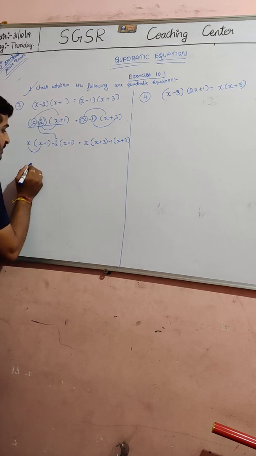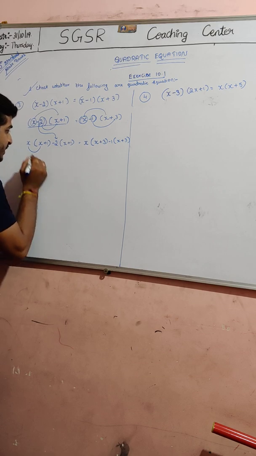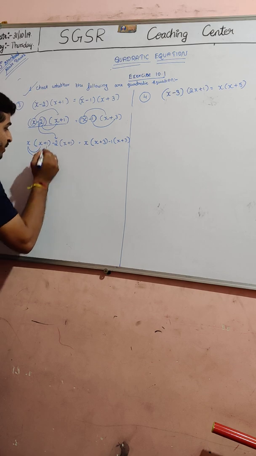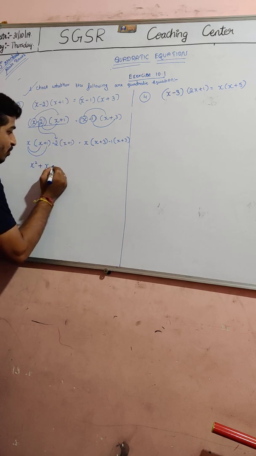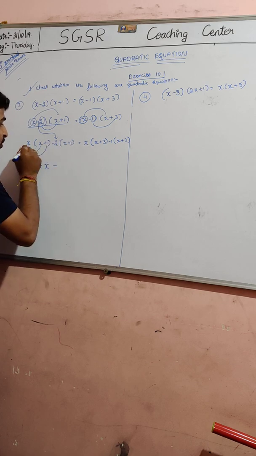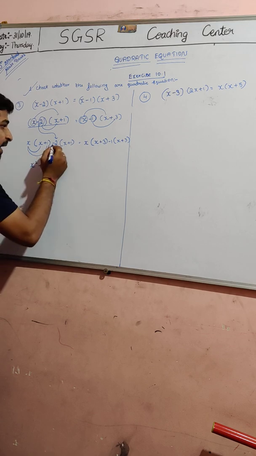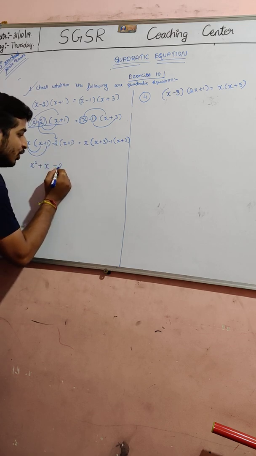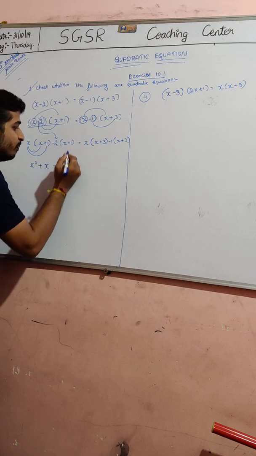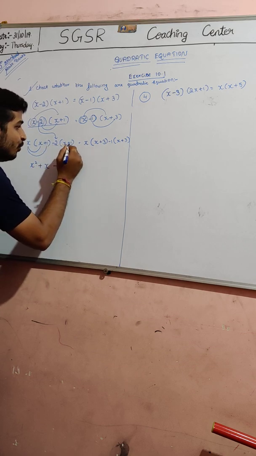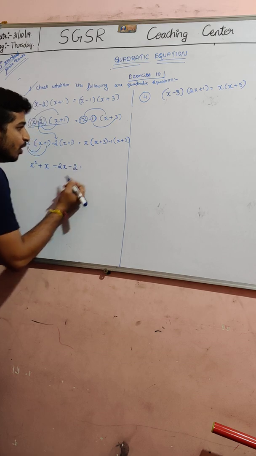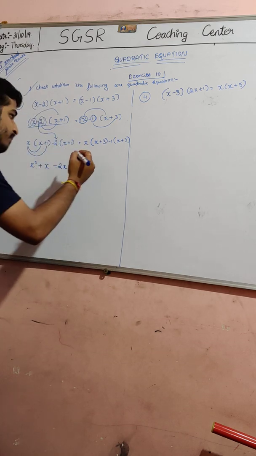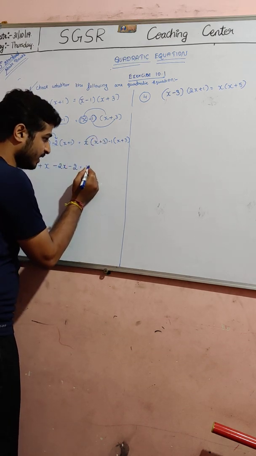So x into x becomes x square. So plus x into 1, x. So minus. You should see the signs also. Minus into plus, so it becomes minus. 2 into x, 2x. So minus into plus, minus 2 into 1, 2 is equal to. Now here also in the same way, x into x, x square.